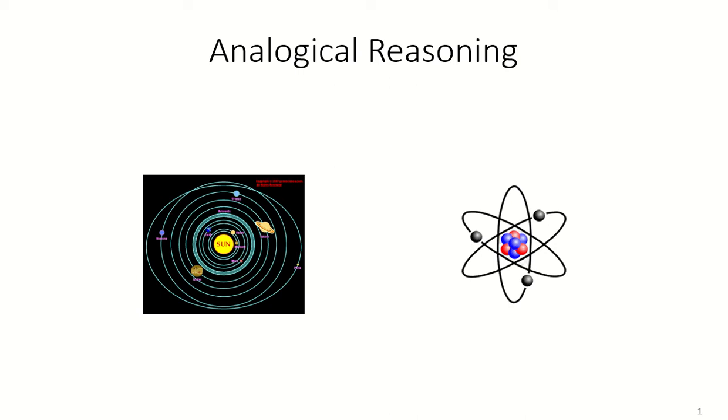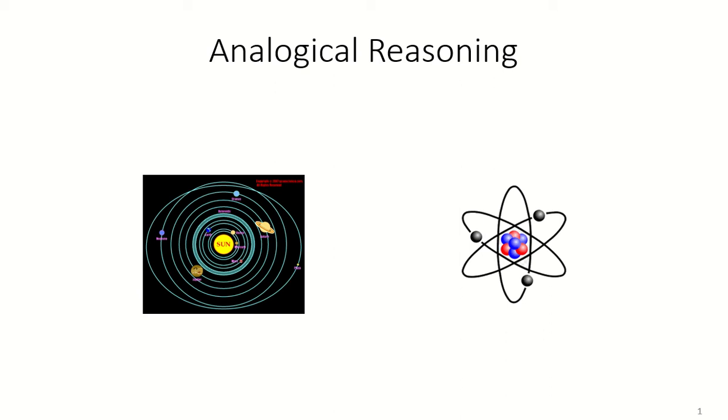And they were stuck in this problem for a long time until a physicist by the name of Rutherford realized that maybe the model of the solar system, where we have the sun and then the planets orbiting around the sun, that model could be taken and applied to the structure of atoms. And as soon as that insight was gained, indeed, it turned out that the nucleus, the core of an atom, was actually very similar to the sun in many ways, and that electrons and protons and neutrons orbited around the nucleus in very much a similar way as planets orbited around the sun.